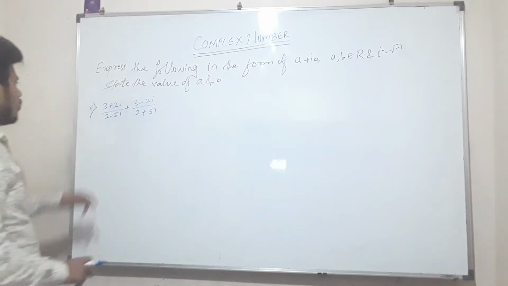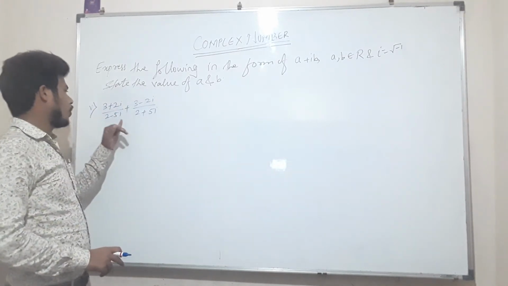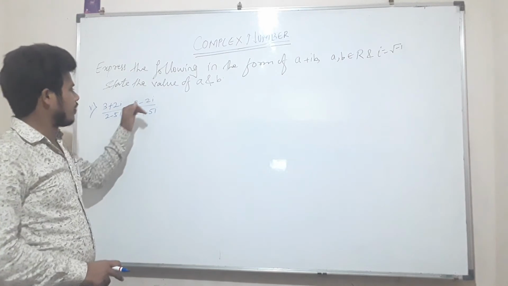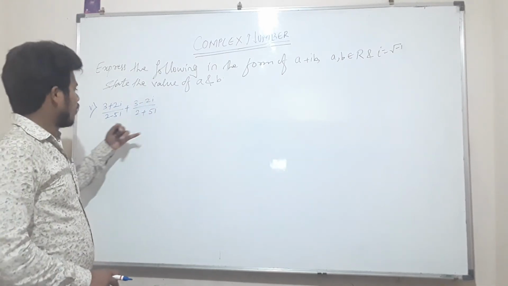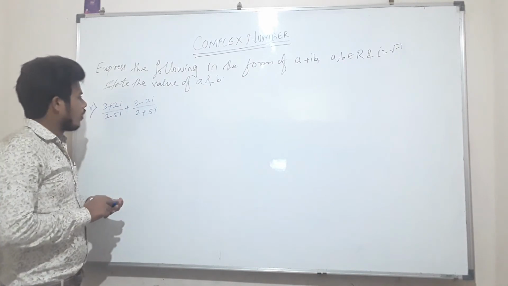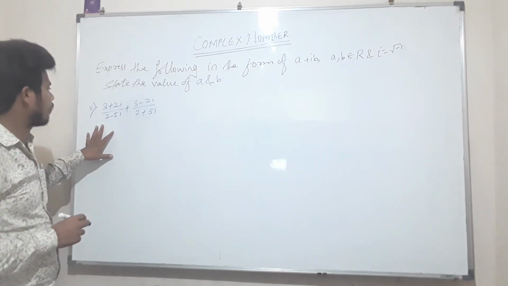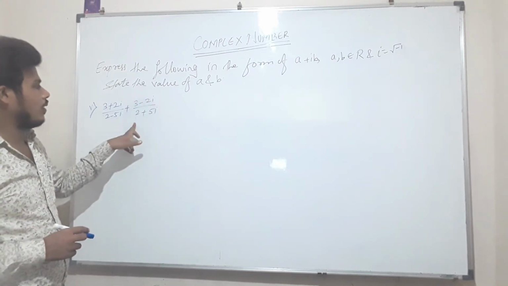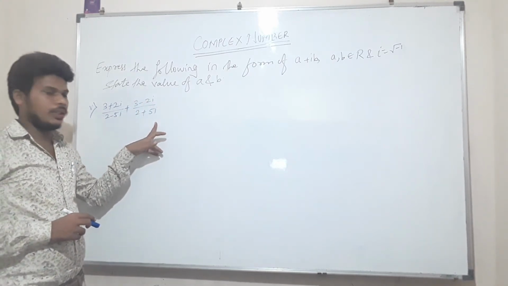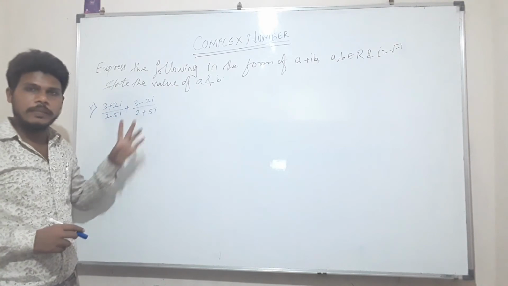Next question is 3 plus 2i upon 2 minus 5i plus 3 minus 2i upon 2 plus 5i. So here the question is 3 plus 2i upon 2 minus 5i plus 3 minus 2i upon 2 plus 5i. So first we will do cross multiplication.